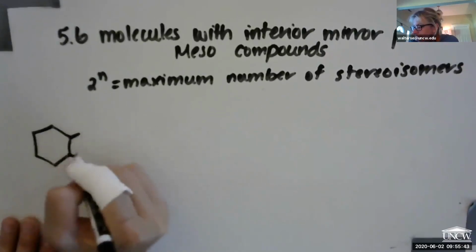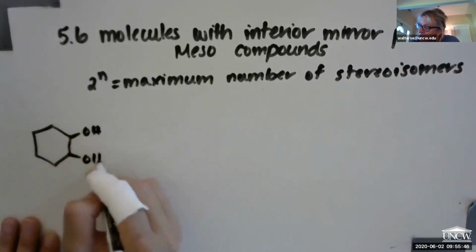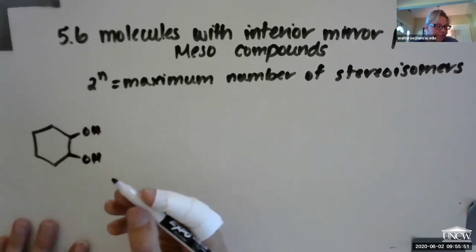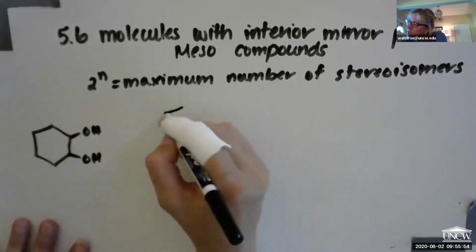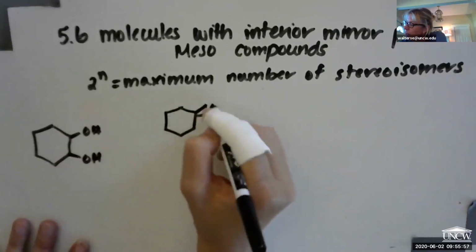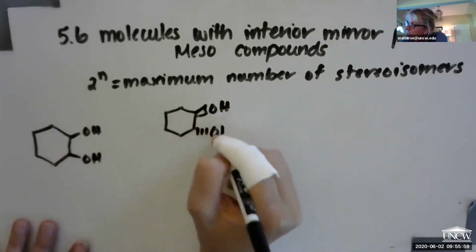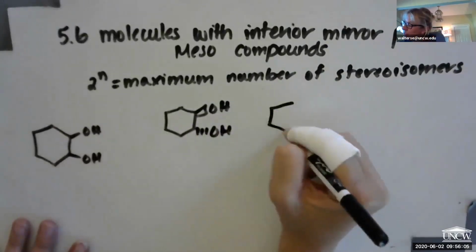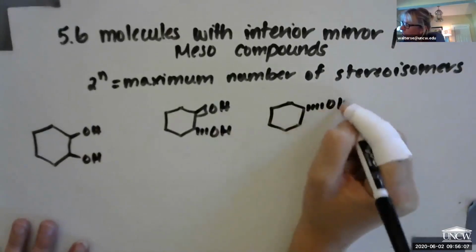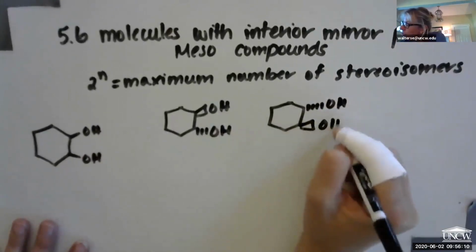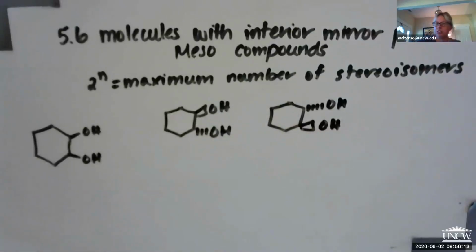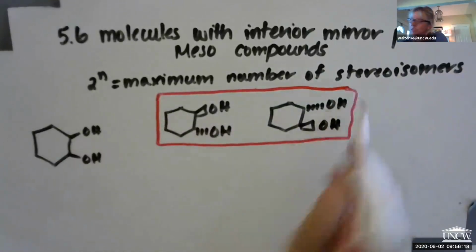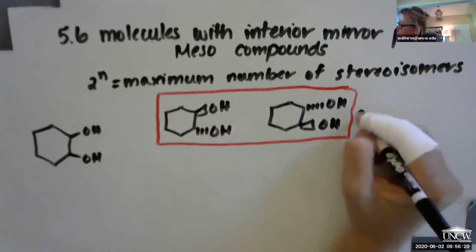Okay, so for example, if we take this flat compound with 2 stereocenters, both with hydroxides. Okay, so we draw one wedge dash. We flip the stereochemistry by changing to dash wedge. So these 2 in the red box, these are enantiomers.